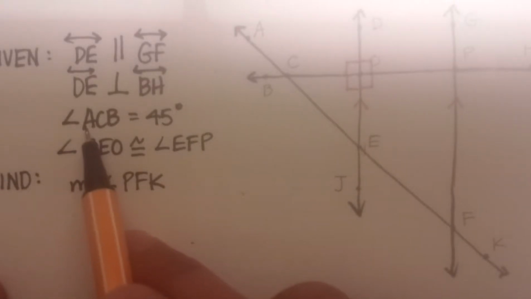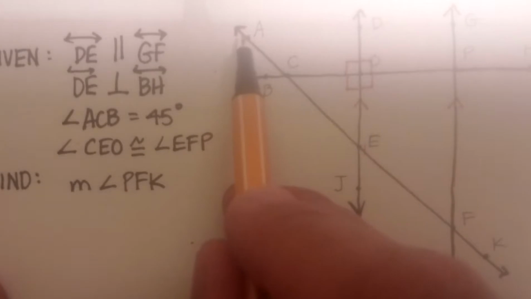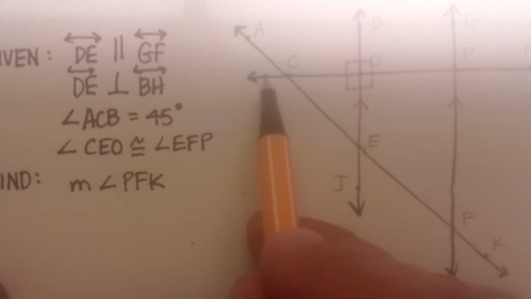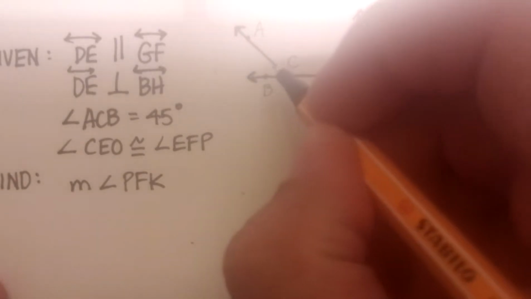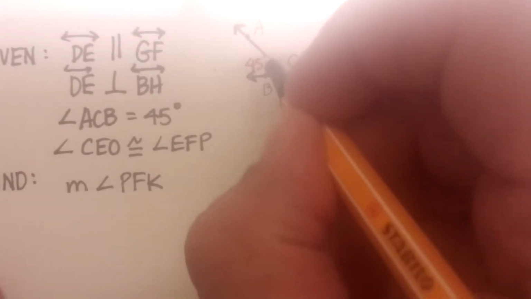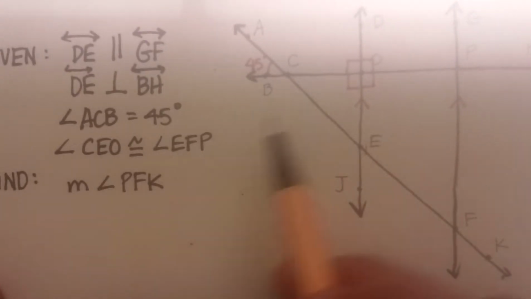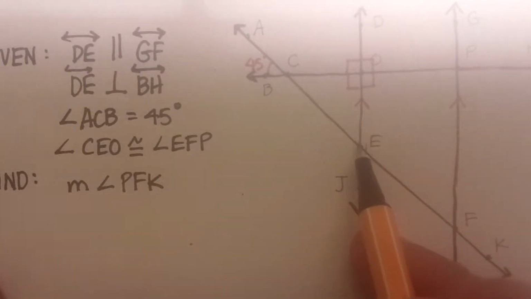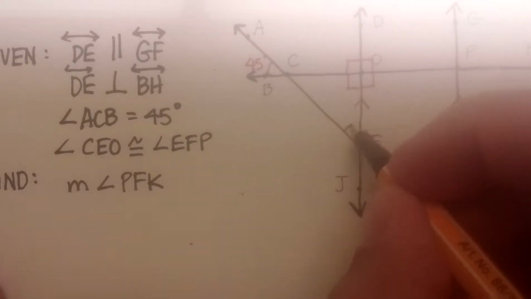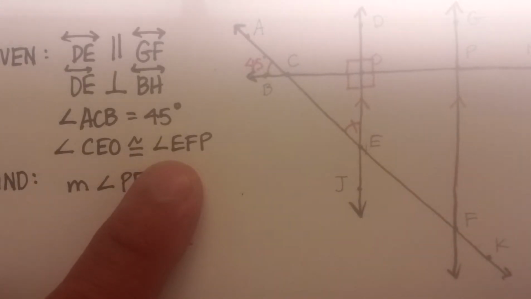It's also given that angle ACB, let's find angle ACB, is 45 degrees. So I'm going to put in 45 degrees. And then finally, angle CEO is congruent, so I'm going to have to do a congruent mark, with angle EFP.